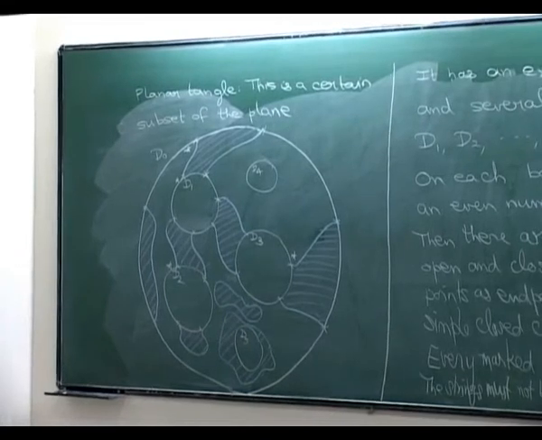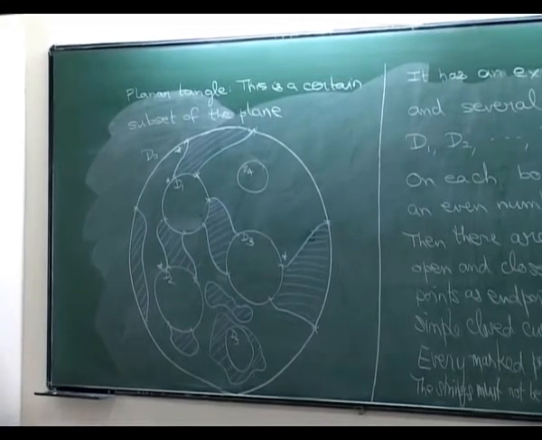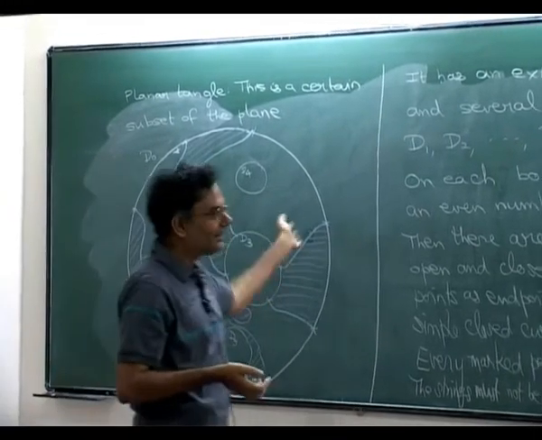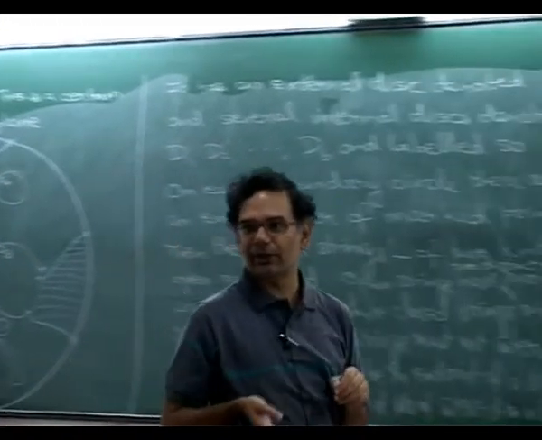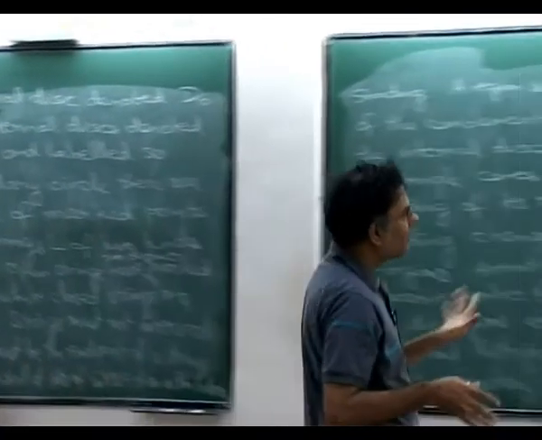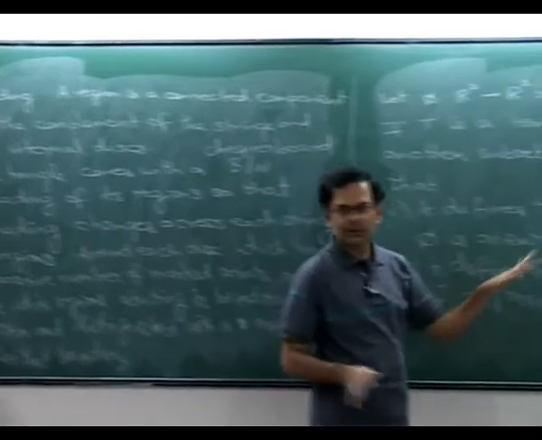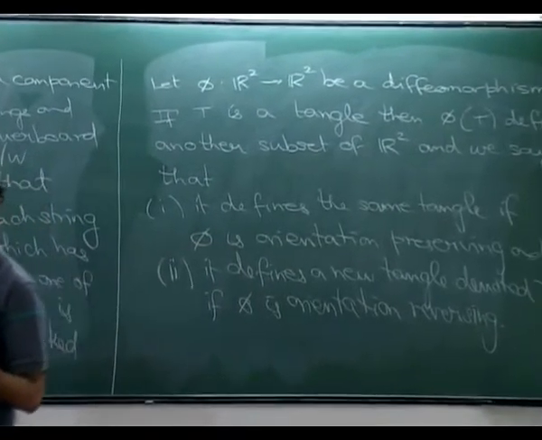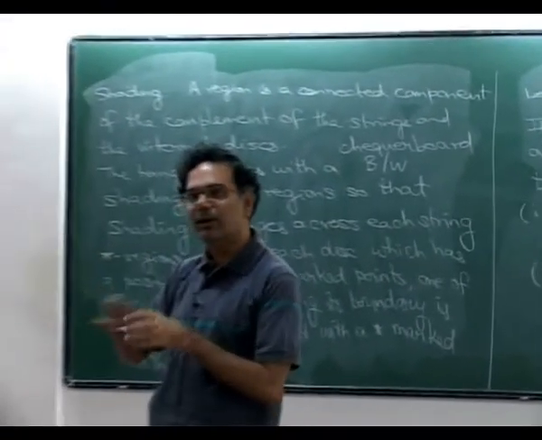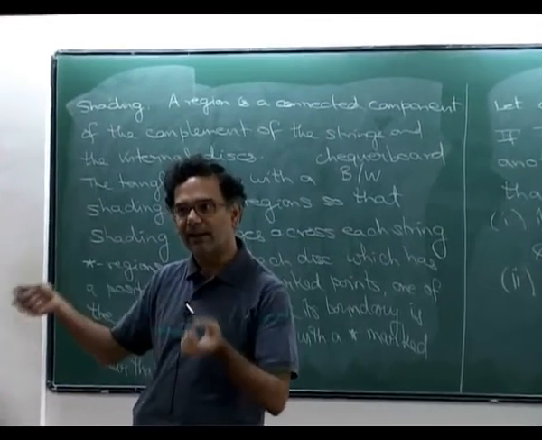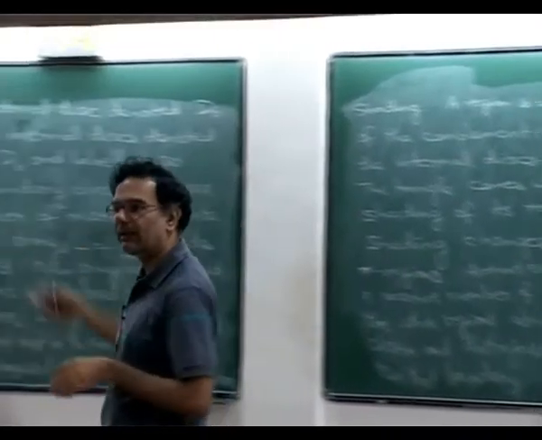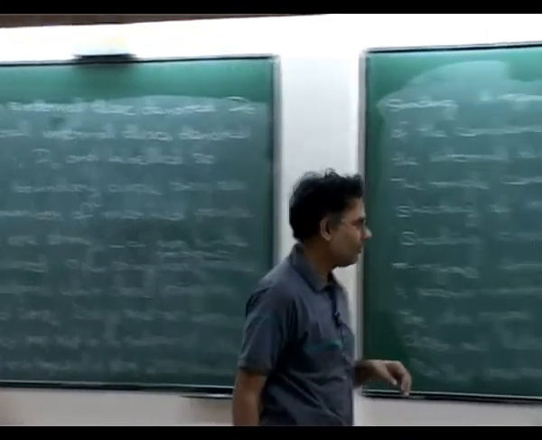That is an orientation reversing thing. I do not regard that as the same tangle. If I call this tangle T, I'll call that one, after reflection, T star. But orientation preserving diffeomorphisms don't do anything to the tangle. It's the same tangle, whether I draw it this way or in a slightly different way. As the connections and the basic pattern remain the same, this defines only a single tangle.